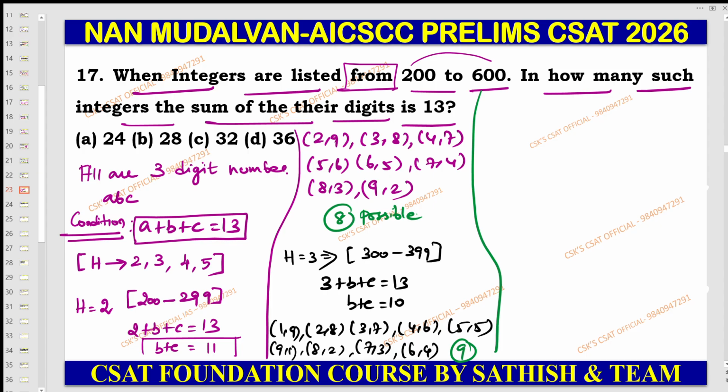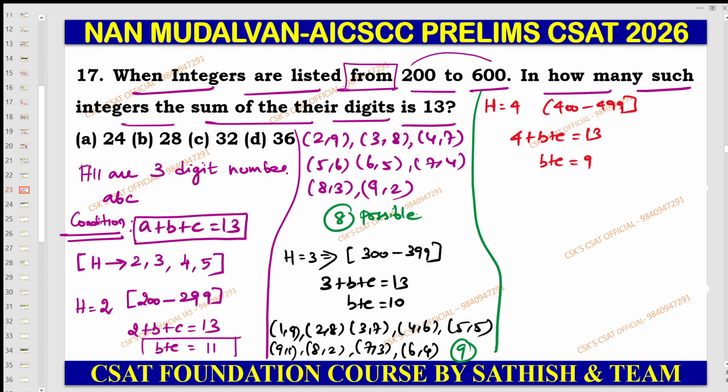Right. So next, I am taking h equal to 4, which means the 400 to 499 series. Now you can see here, 4 plus b plus c is equal to 13.